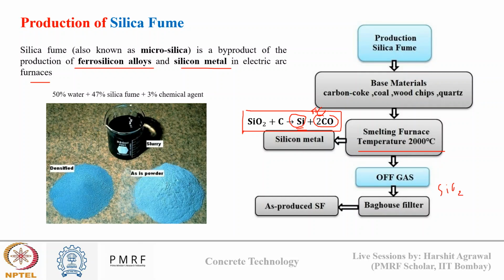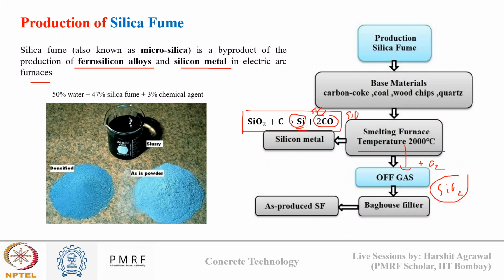Okay, so this CO and SiO residue, which is formed during heating, it is separated from the furnace, it interacts with oxygen in the cooling chamber, and it again forms SiO2. Okay, so this SiO2 which is formed, it is known as silica fume.